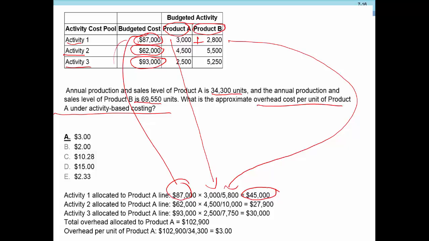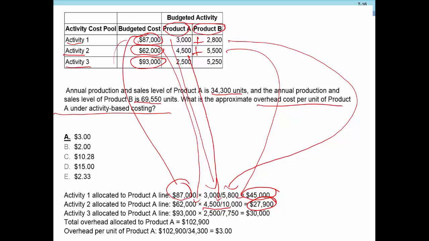Then we do the same thing for activity 2: 4,500 plus 5,500. Add that together. What's that? 10,000. Product A is only using 4,500. So we pick up the activity cost for activity 2 and multiply it by that ratio.